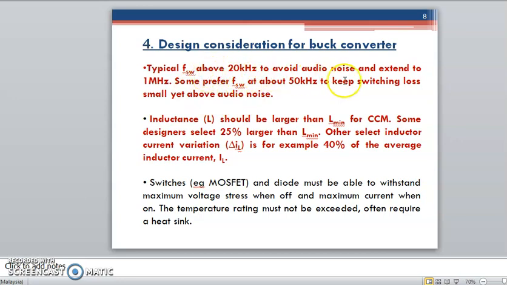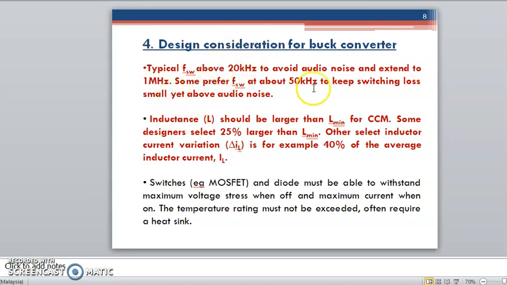But there is a limitation: you cannot exceed a certain limit, because at about 50 kHz and above there will be significant losses. 1 MHz is preferable for communication, but for power conversion it should be around 20 up to 50 kHz.